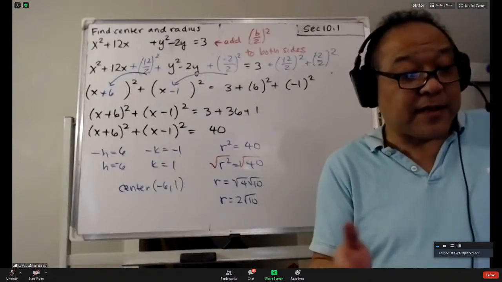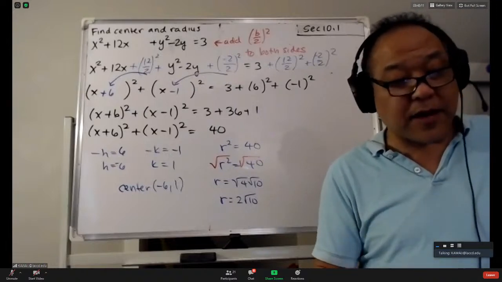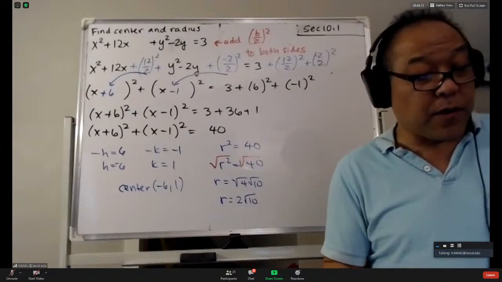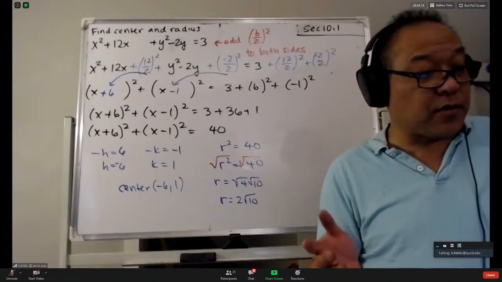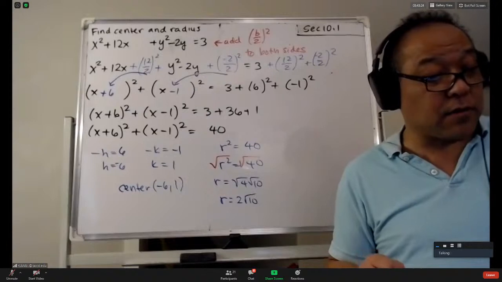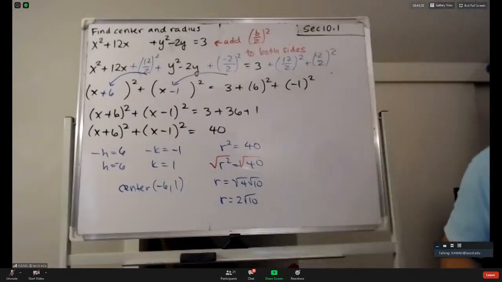You have to be passing the class to get an incomplete. So if you're just not ready, just take the not passing grade and move on with your life, re-enroll in the class, and that's fine. But only under extraordinary circumstances will I give someone an incomplete, because it usually screws them long term if they're not ready to pass that final. Okay? Okay, thanks everyone. And then if you have questions, talk to me.